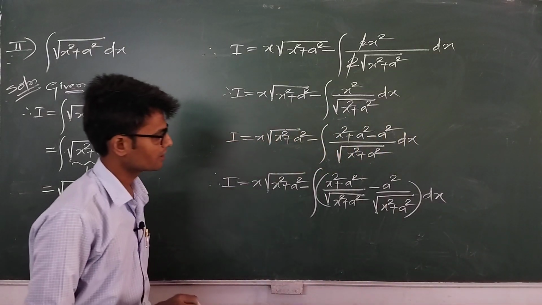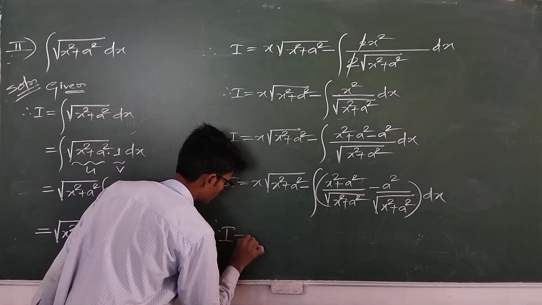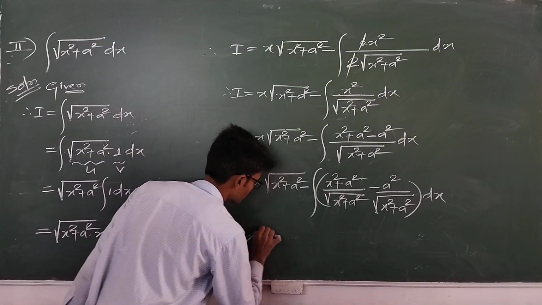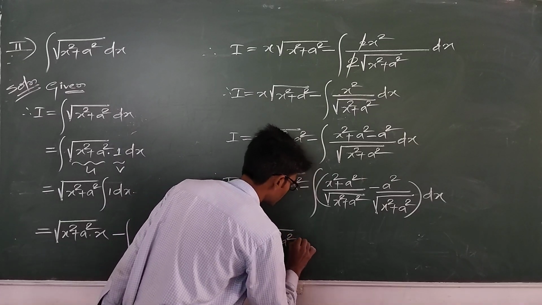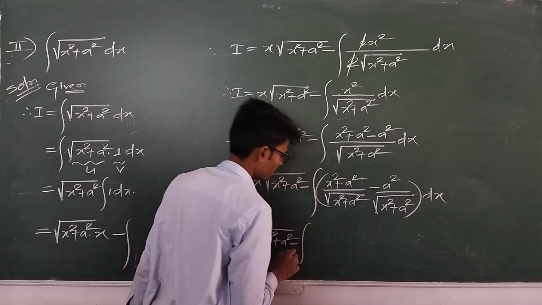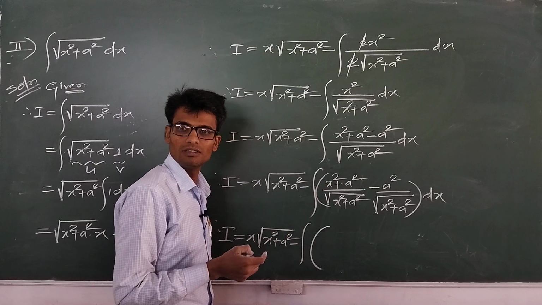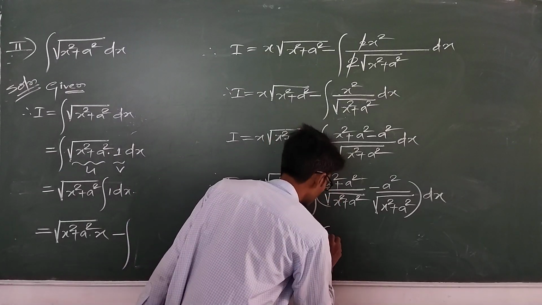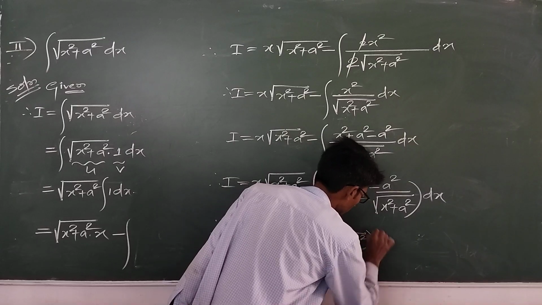This x square plus a square can be written as square root of x square plus a square to the power 2.